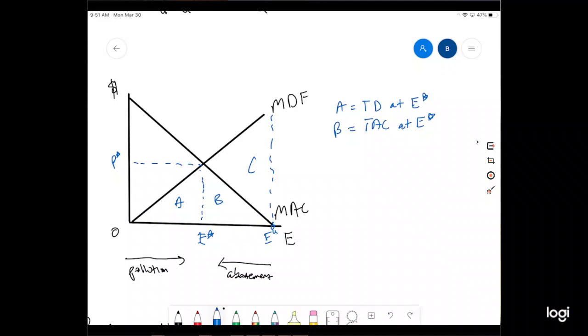Suppose we are in an unregulated market, so emissions are up to EU. Then A, B, and C equals total damages at EU. In a market without a policy, total damages are A, B, and C, and there are no abatement costs. This could be, for example, the market for CO2.